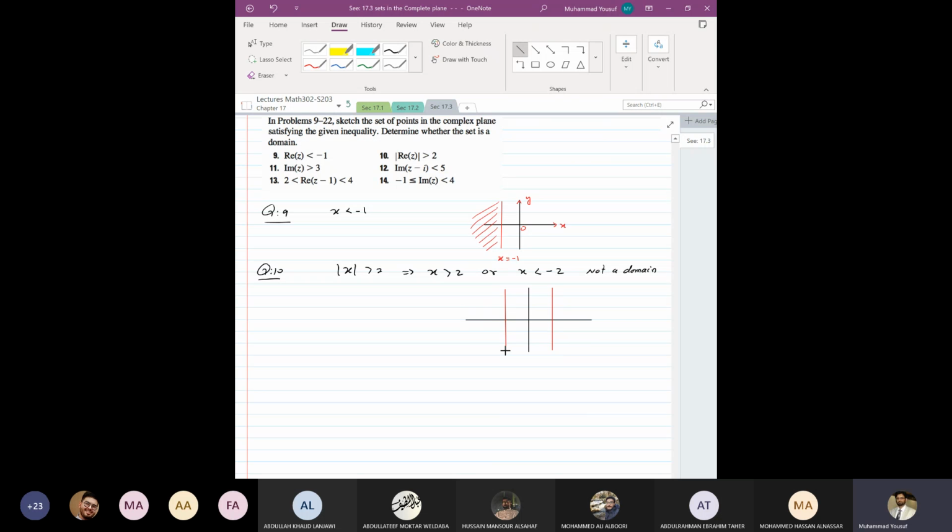Okay, let me make it in red color. Four, 1, 2, 3, 4. So let me get help from here. 4, and the other line is -1, red color line.